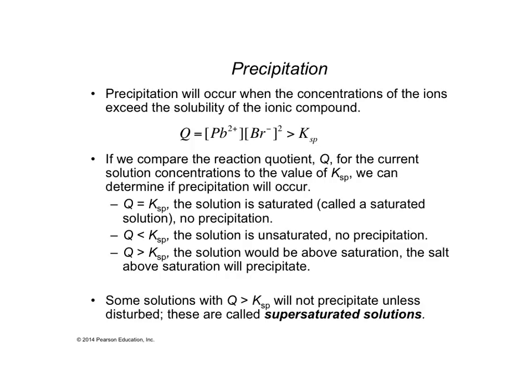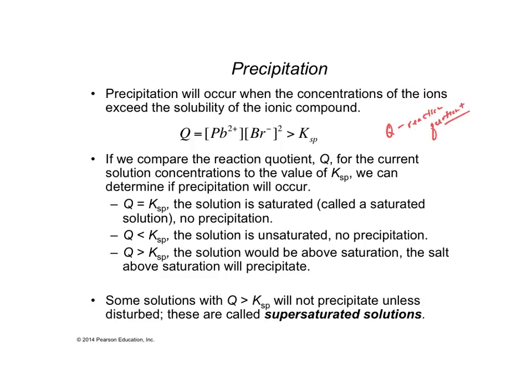So to determine whether or not something is going to precipitate, we're going to have to consider what Q is relative to what K is, the solubility product constant. So what was Q? Does anyone remember what Q was? Q was the reaction quotient.